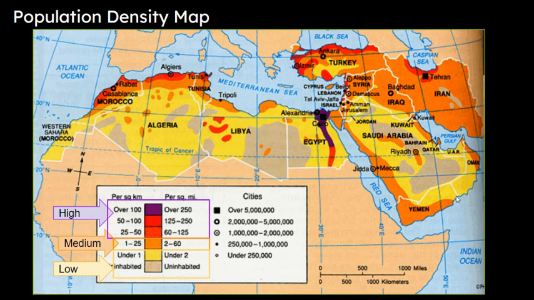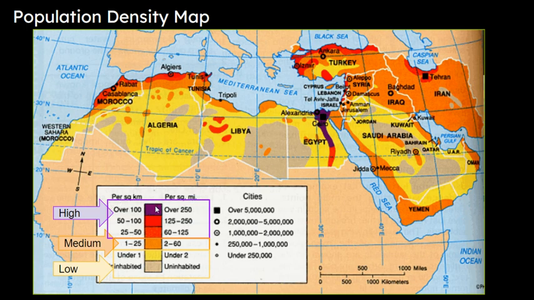Population density map shows where people live in an area or the number of people per square mile or per square kilometer. The key is really important. The key is going to explain the meaning of the colors.